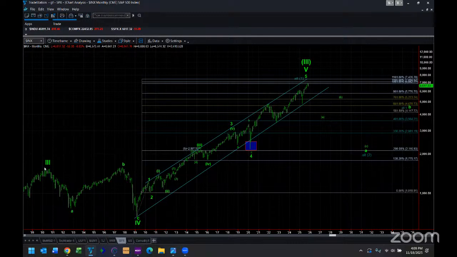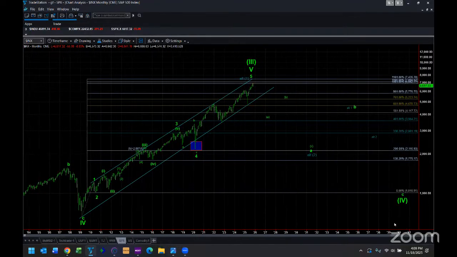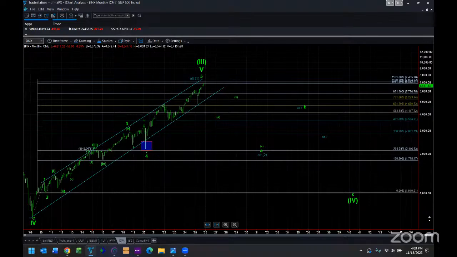If you go back to the 2000 high, you will see we had a drop here. We had another rally here, and then we had a much stronger drop here in a C wave, A, B, C. In the larger degree fourth wave, I'm expecting multiple of these scenarios, whereas the first big move down will be an A wave, then you get a B wave multi-year rally, and then you're going to have a C wave crash.